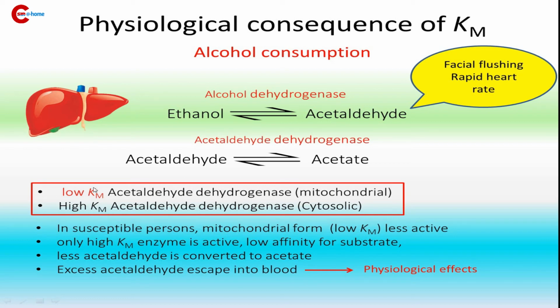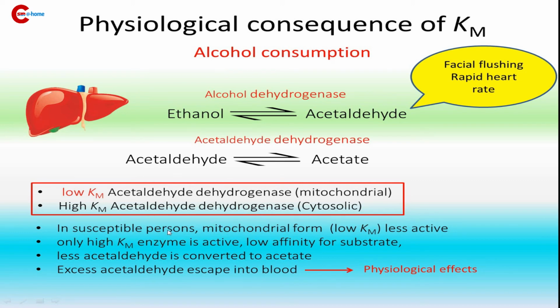Low Km acetaldehyde dehydrogenase means it has high affinity for substrate, and it is the mitochondrial form. High Km acetaldehyde dehydrogenase means it has low affinity for substrate, and it is the cytosolic one.